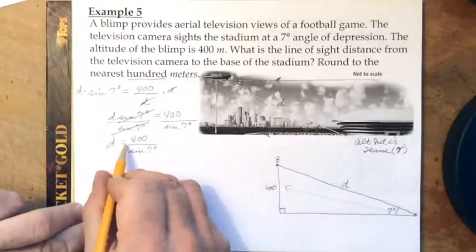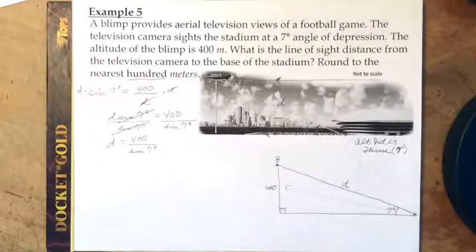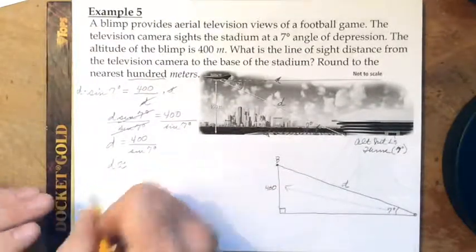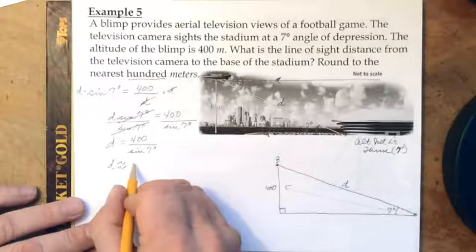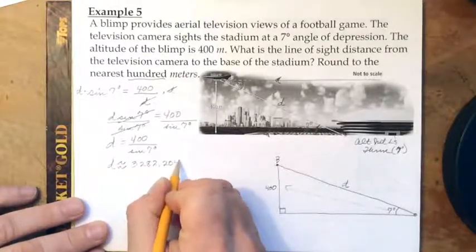That's the actual, literal, exact distance from the camera crew down to the base of the stadium. Okay, well, we need an approximation as usual. So we take our calculator and we put in 400, make sure you're in degree mode, 400 divided by the sine of 7 degrees, close parenthesis, and you actually get 3,282.204, and so forth.